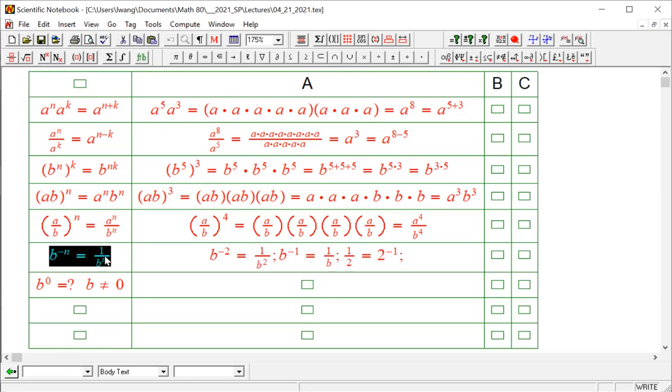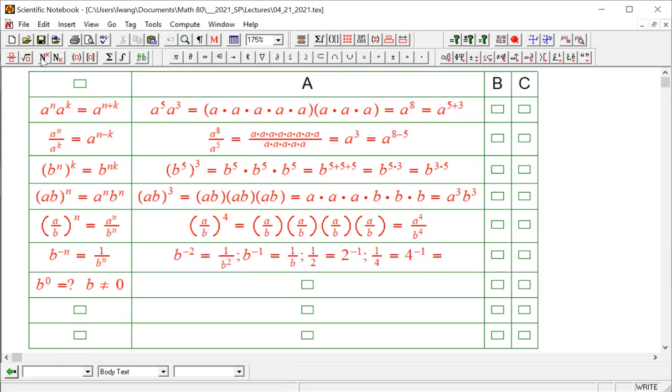So with this definition, we can write exponential form or fraction form with exponential form involved. For example, 1/4 can be written as 4 raised to the power of -1.